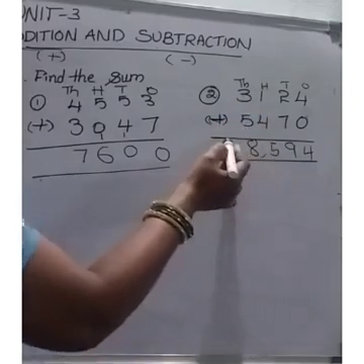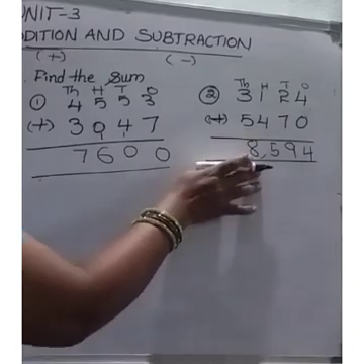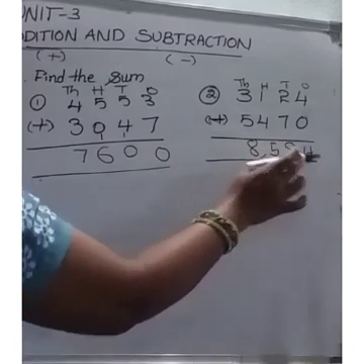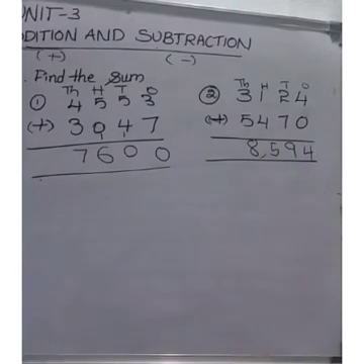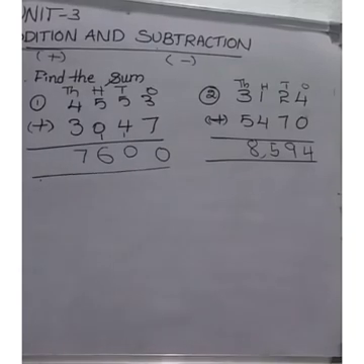So the sum is 8594. The third one and fourth one are homework.